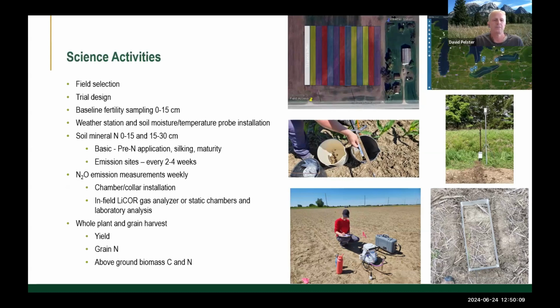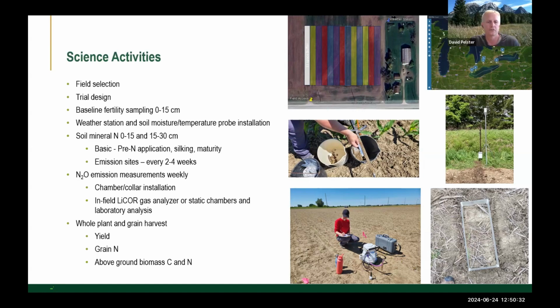So with the living labs, there's a number of activities: field selection, the trial design. We've been working with the farmers to see what they're comfortable with, what they're interested in doing. Each of the farms where we're doing the N2O measurements, we have weather stations out there. We've done baseline fertility sampling. We're looking at soil mineral nitrogen throughout the growing season.